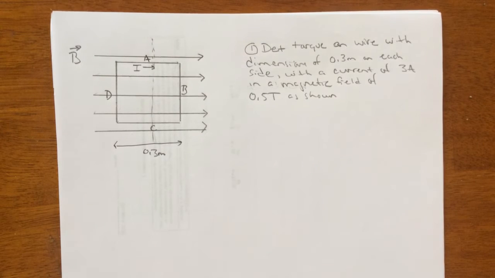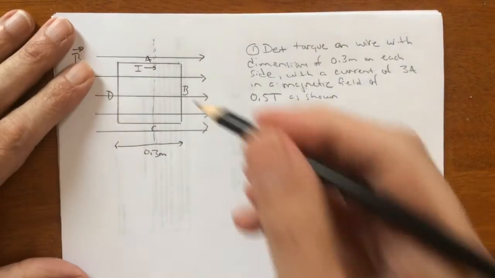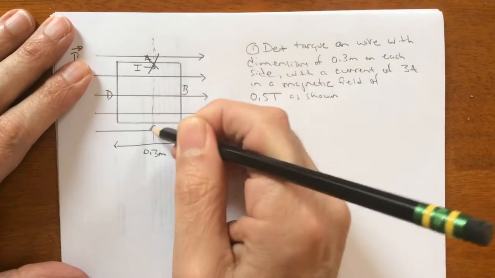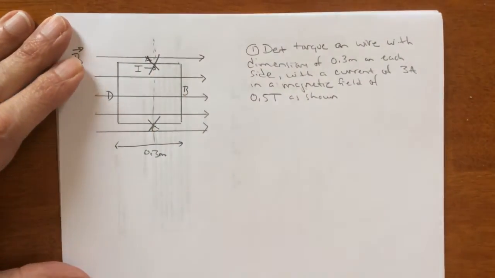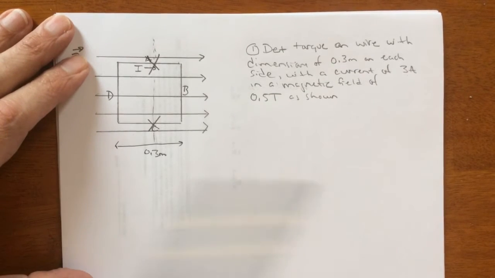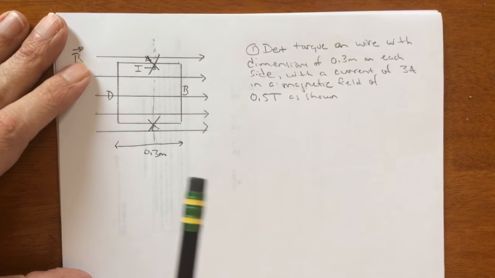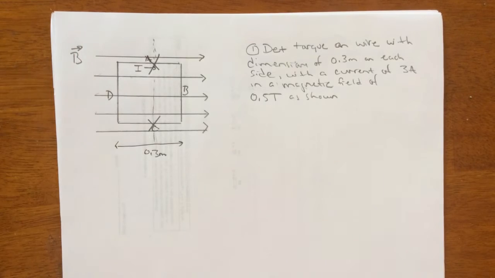So in ILB, the sine theta is 0, so it's going to feel 0 force. So segments A and C are going to feel no force at all. Our torque's going to come from segments B and D.